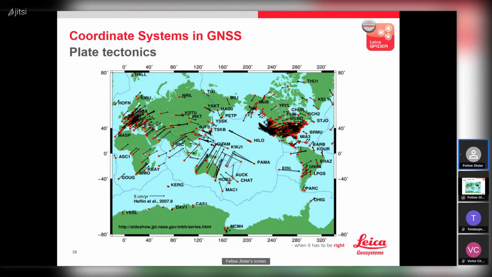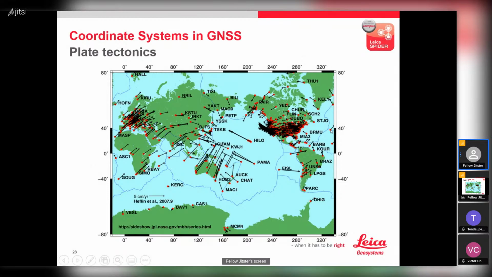Now, with this IGS network of core stations, obviously, they not only collect data, they generate daily solutions for the whole network, which means for all stations around the world, and based on these time series of coordinates, we are able to map the movements of tectonic plates.